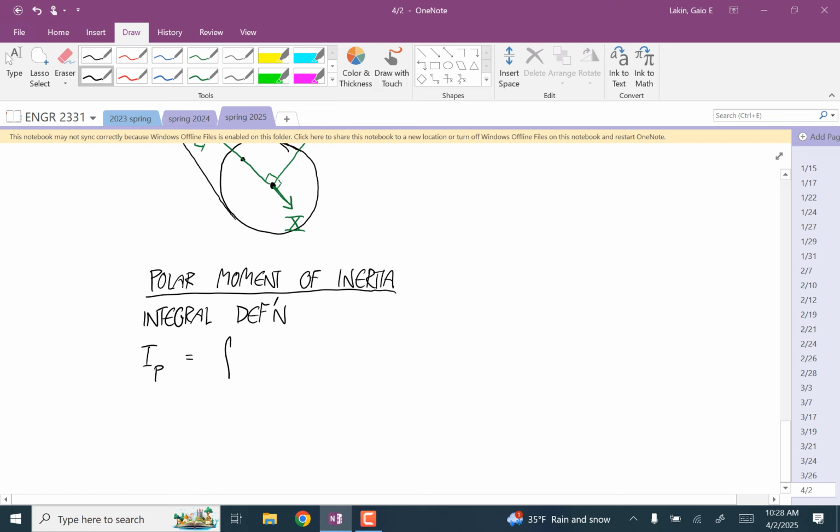The definition is the integral from r inner to r outer, so you can use this idea for hollow or solid stuff, of rho squared dA. And this rho is the distance from the centroid to your infinitesimal area dA.